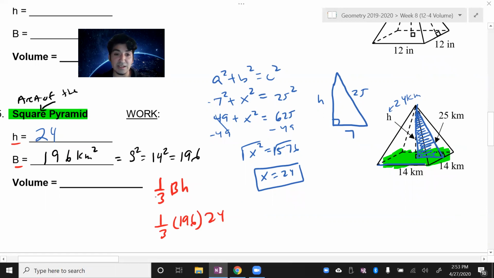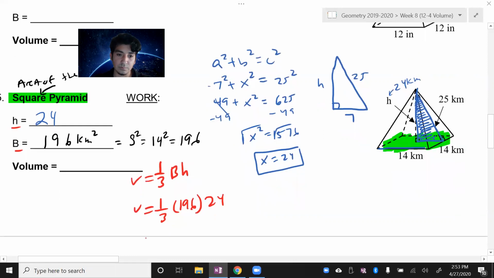Multiply those out: 196 times 24 divided by 3, and you get 1568.